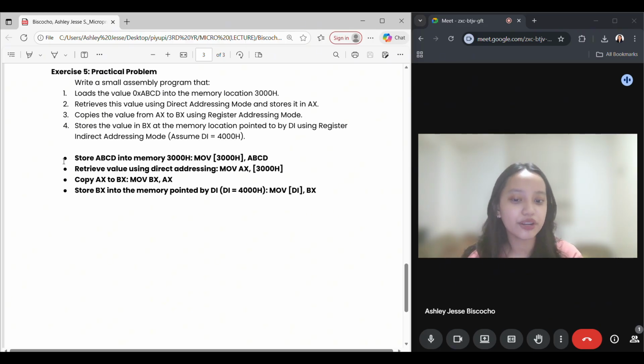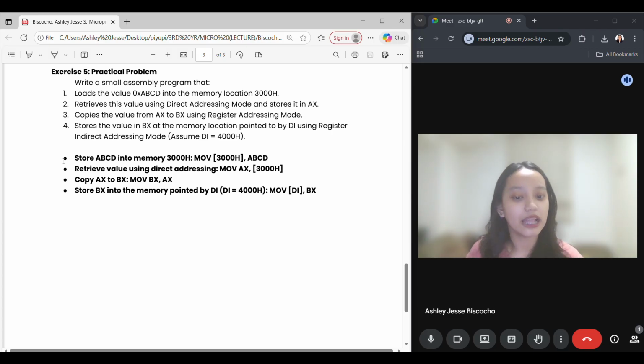Then, we retrieve this value with MOV AX, [3000H] and copy it into BX using MOV BX, AX. Finally, assuming DI is 4000H, we store BX into memory using MOV [DI], BX, which uses register indirect addressing. This short program combines multiple addressing modes in practical tasks.